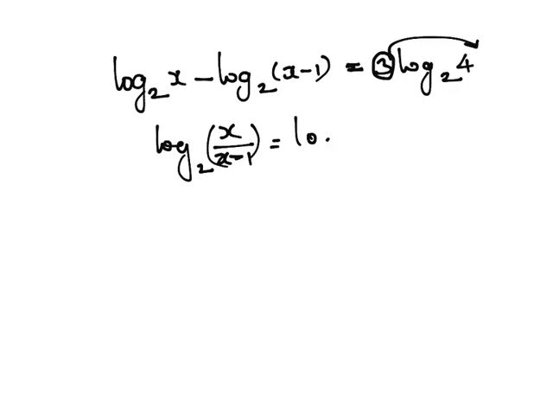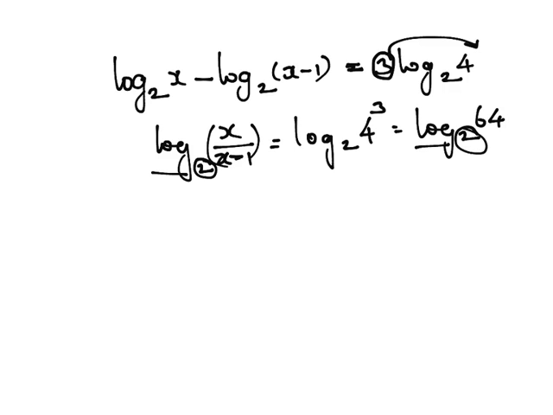So I'll get log of 4 cubed to the base 2, which is nothing but log of 64 to the base 2. Now, as you can see, you have logarithm, and the bases are also same. So which means these two expressions will also be equal. So I'll get x over x minus 1 equal to 64.